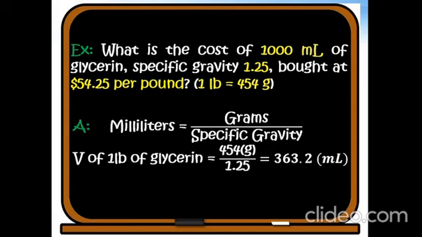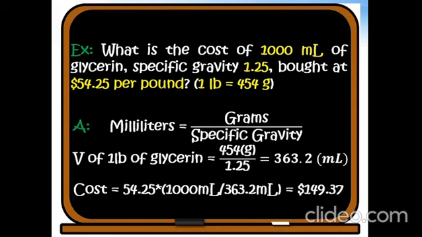So that is 454 grams divided by 1.25, and then you get the volume, and then you calculate the cost in 1,000 ml glycerin. So what's the cost? You directly do that. Then you get the cost is 149.37.